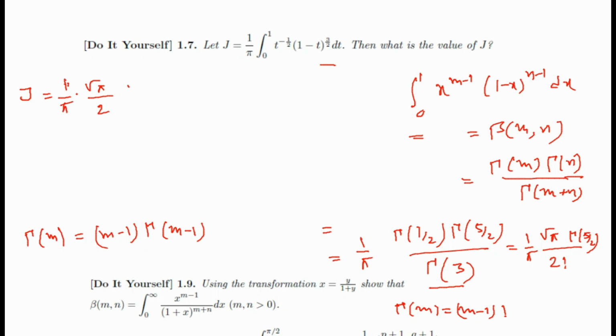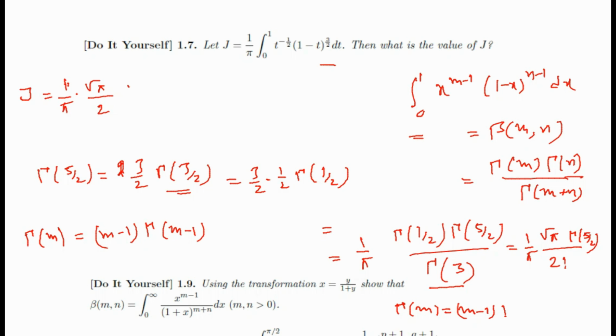So gamma 5 by 2 you can write as 3 by 2 gamma 3 by 2. Again 3 by 2 you can write as 3 by 2 into half into gamma half, and gamma half is root pi, so 3 by 2 into half into root pi. Ultimately, pi will get cancelled. The value of J is 3 by 8.